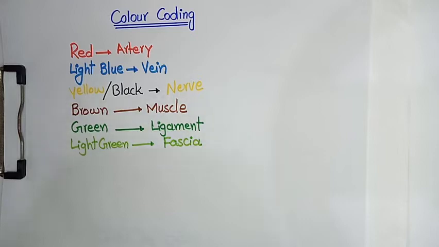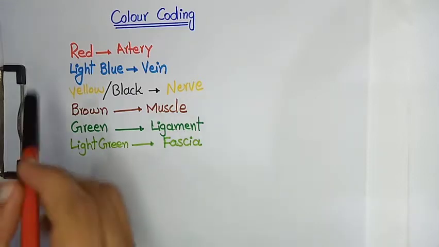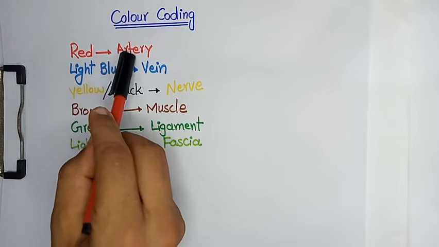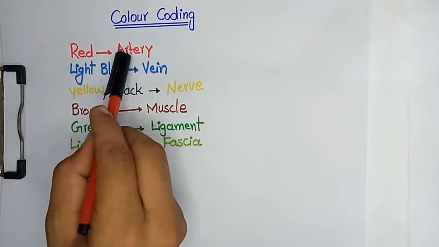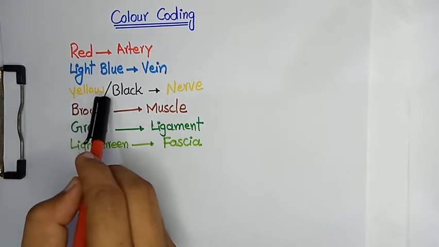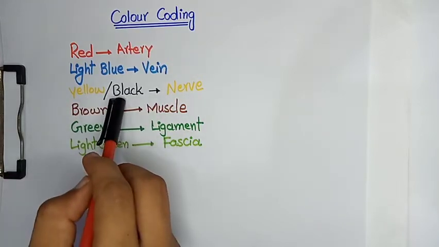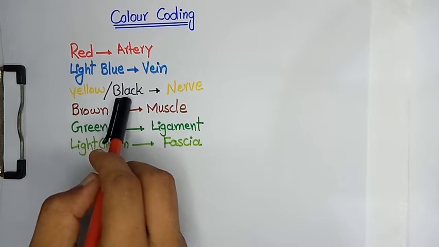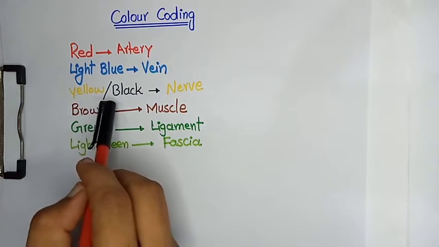Now we come to the next topic. To understand the use of these colors in different diagrams, artery is represented by red color, light blue color with vein, yellow or black color with nerve.